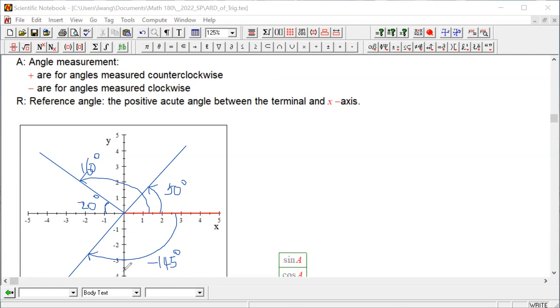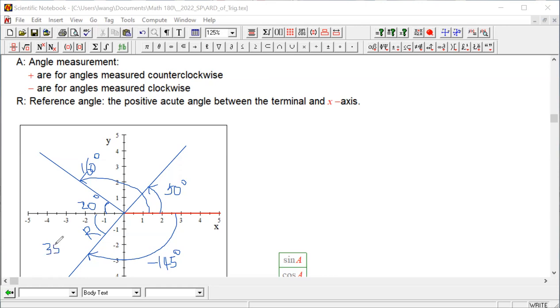And what will be the reference angle for this negative 145 degrees? Well, it's going to be between the terminal and the x-axis. So that angle has to be this guy. This reference angle, of course, is 180 degrees minus 145 degrees, and that's going to be 35 degrees.